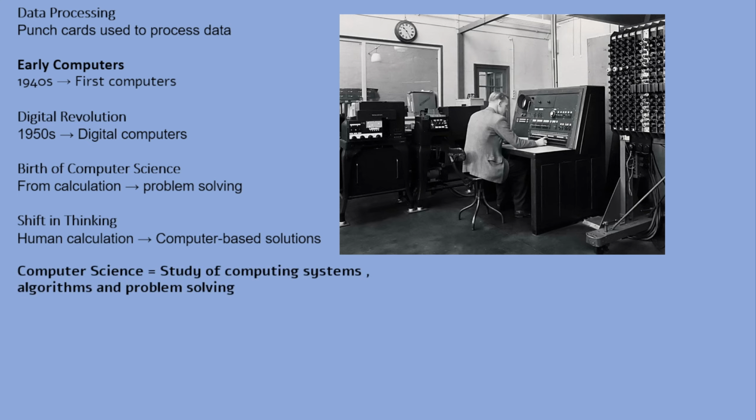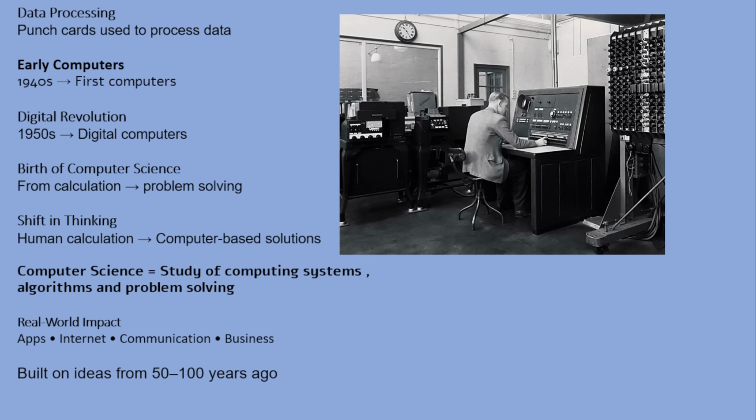Now with all that background, we can properly understand what computer science really is. Computer science is the study of how computers work and how we use algorithms to solve problems, right? Computer science is what powers everything around us, from apps and websites to communication and business systems.